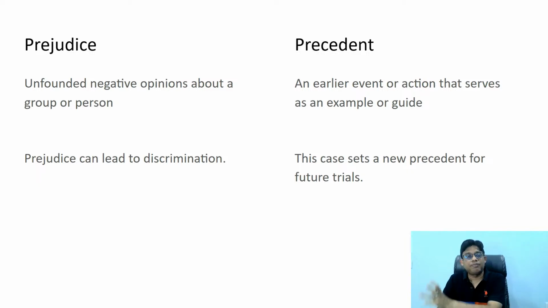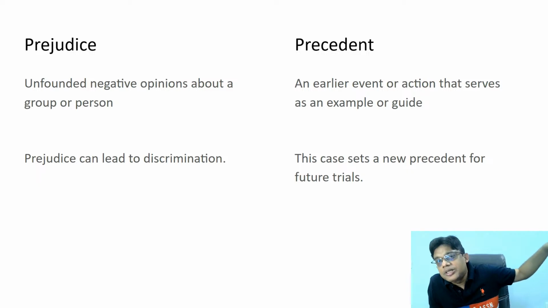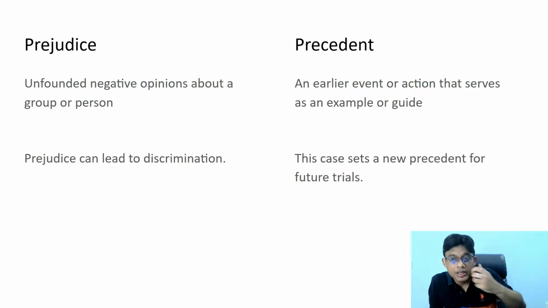Something happened earlier and that has been taken as an example, that the process should be followed now also, or that should be kept in mind while doing this activity. Let's say in an India Australia cricket match, earlier every time India won the toss, they decided to bat. So that becomes a precedent, that now also if we win the toss, we'll again go for batting, because earlier also we decided to bat first. So it just serves as a precedent.